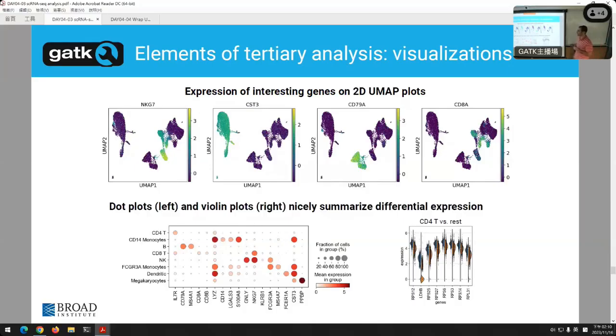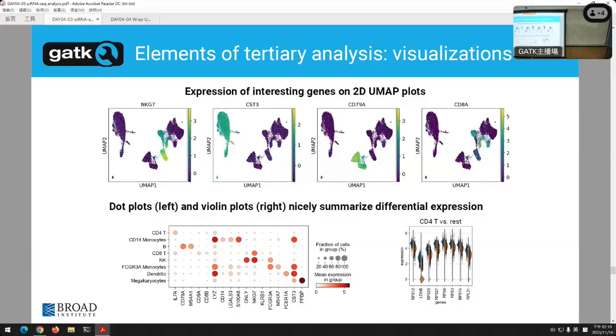The thing on the bottom left is a dot plot. Notice that some of the circles are different sizes, and they're different intensities. They're all the same red, but some are more red and some are lighter red. The way to think about dot plots is the size of the circle is how many cells in that cluster express a gene.